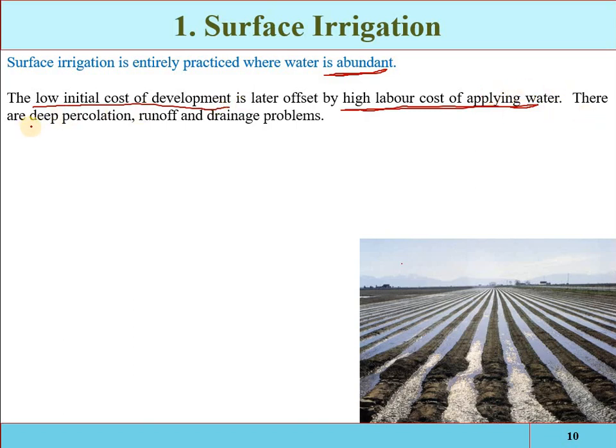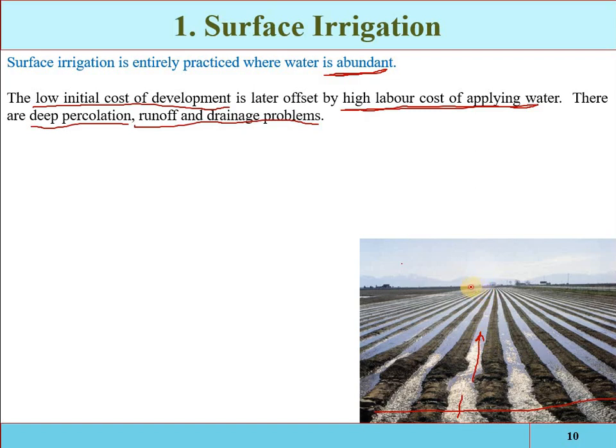There is also deep percolation. Since the water is applied in a flooded form, deep percolation may occur, or runoff may occur, and there are drainage problems. Suppose this is the upstream side of the field and you are applying the water in these furrows. The water will either deep percolate, or it will quickly run off into the downstream area. That depends on the type of soil and the topography of the area.